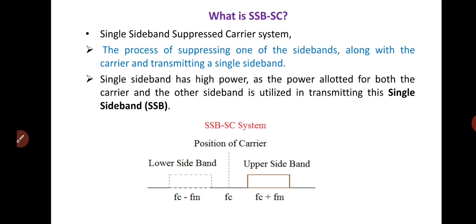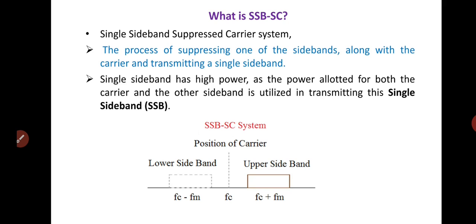What are the advantages of single sideband system? At 100% modulation, the carrier in an amplitude modulated signal requires 2/3 of the power, but it does not contain any information. To transmit a single sideband, only 1/6 of the total power is required.